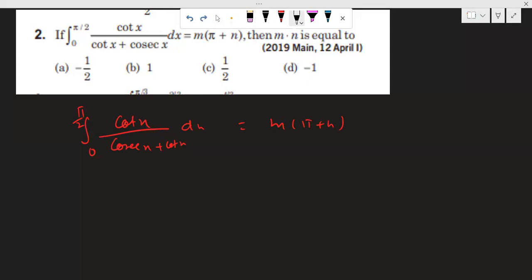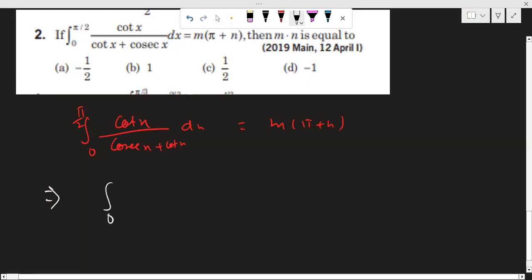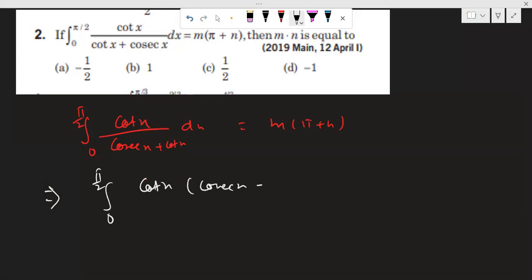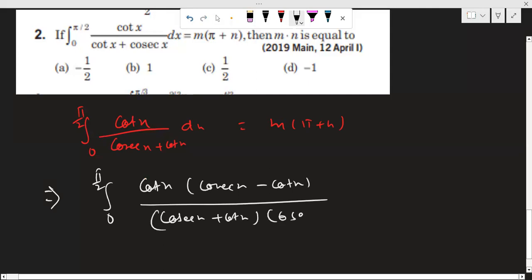So what we do, we can write it as the integral from 0 to pi over 2 of cot x times cosec x minus cot x, divided by cosec x plus cot x, times cosec x minus cot x, dx. And this equals m times pi plus n.